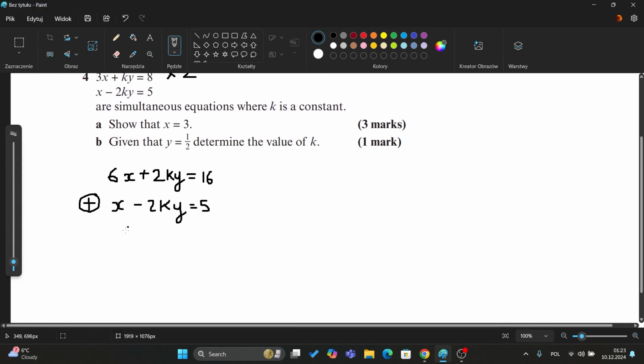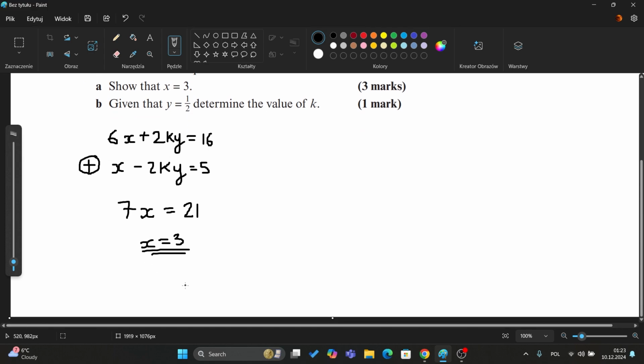So now 6x plus x is 7x, and 16 plus 5 is 21. Now x is going to be equal to 3, because 7x equals 21, both sides get divided by 7, and therefore we have x equals 3.